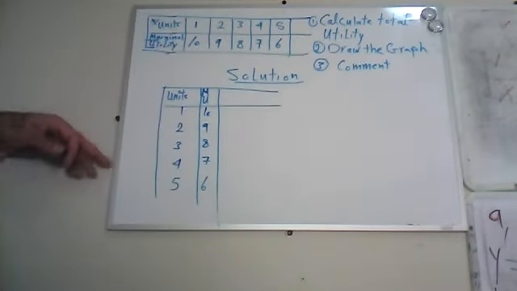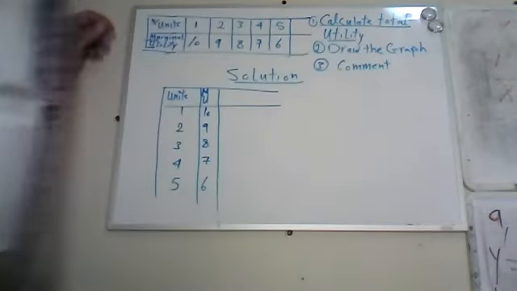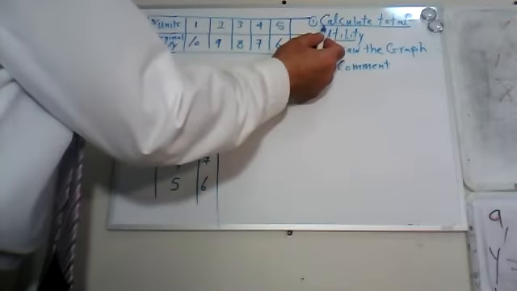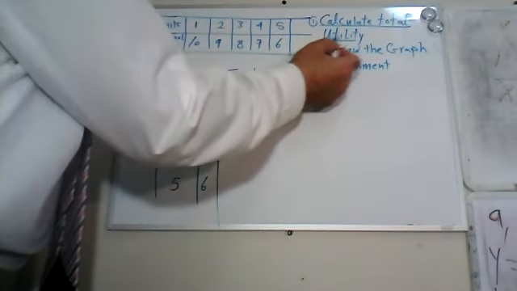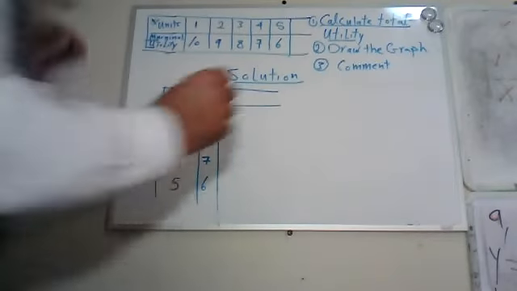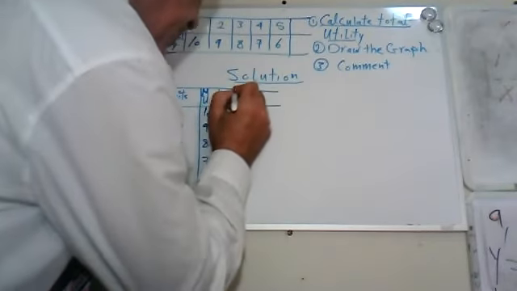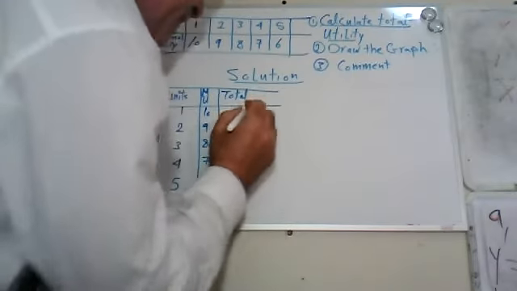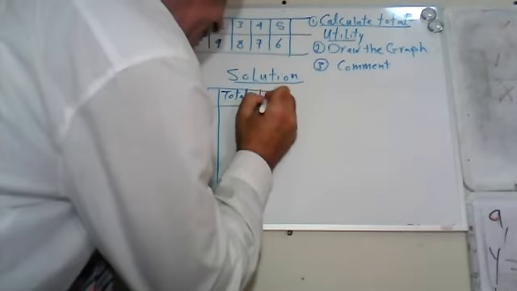Now the third thing is to calculate the total utility. The first requirement is to calculate the total utility. No problem, I got it. So I will make here a column called total utility.